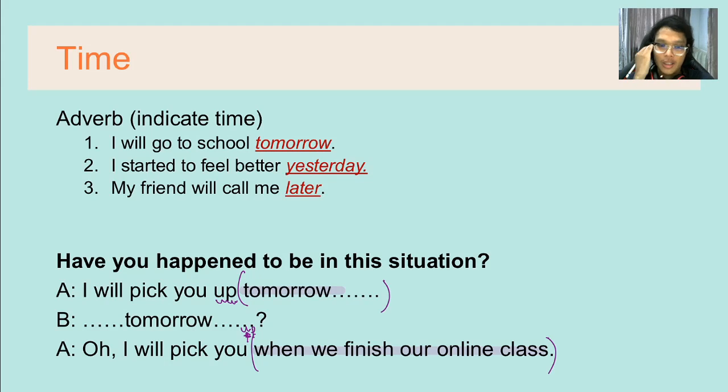Anyway, apart from the word "up", if you look at the word "tomorrow" and "when we finish our online course", they refer to the same action that will happen tomorrow. But in the first sentence, "tomorrow" doesn't show much detail about the action, right?